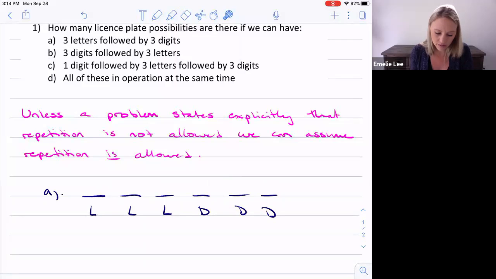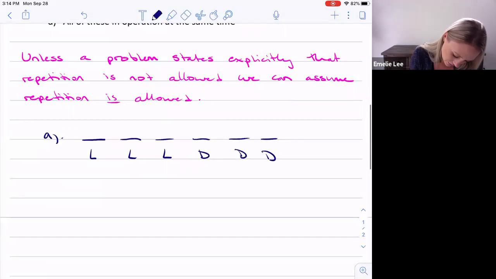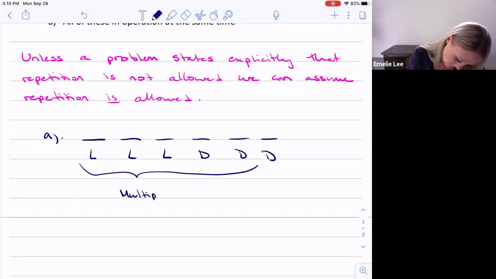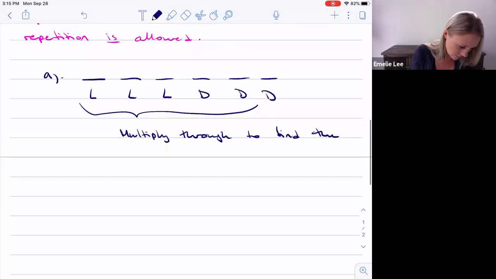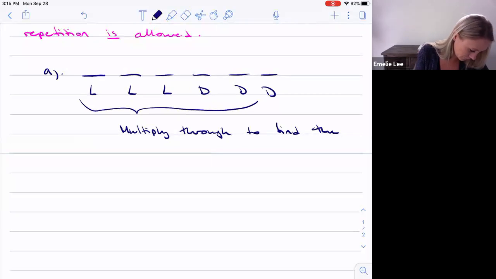But for now, because they're all just happening at the same time, we multiply all the way through to find the total number of possibilities.